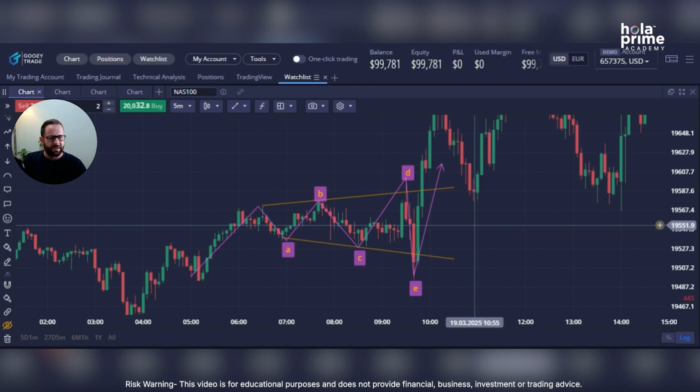So that was the expanding triangle, or the megaphone pattern. Again, the fourth and final triangle of the triangle family.